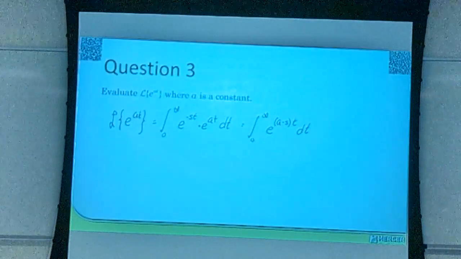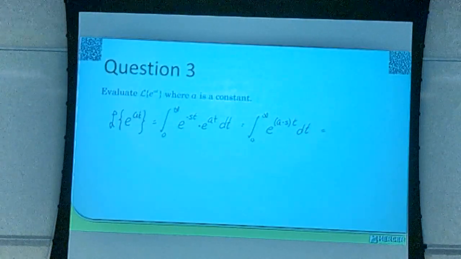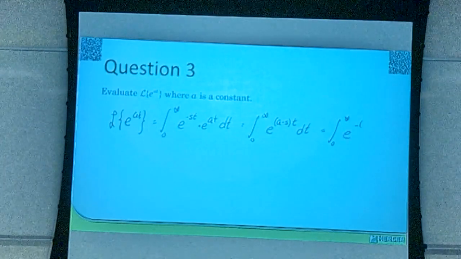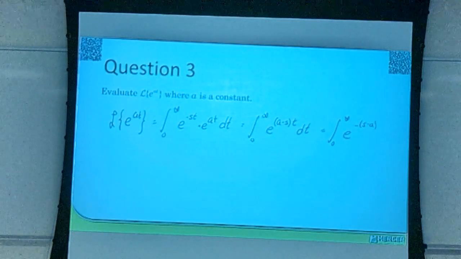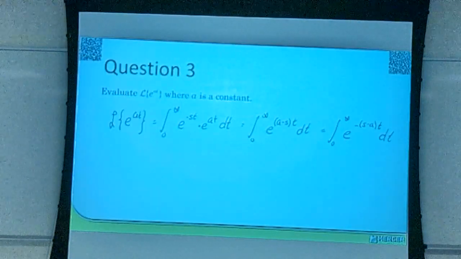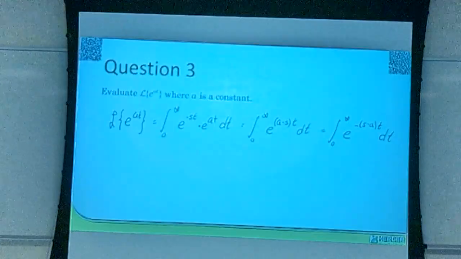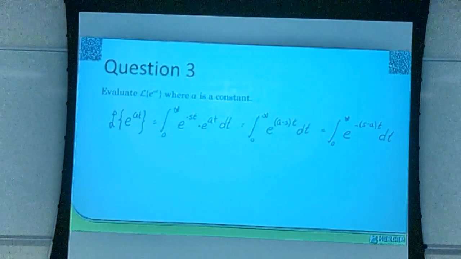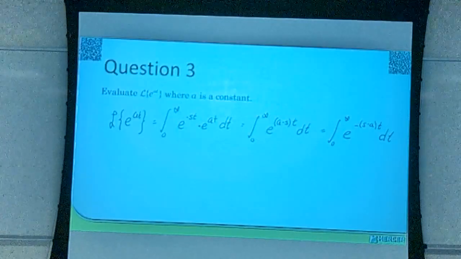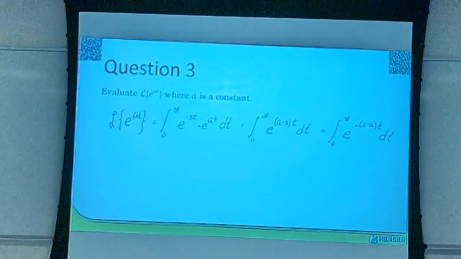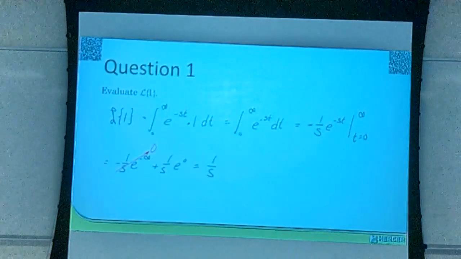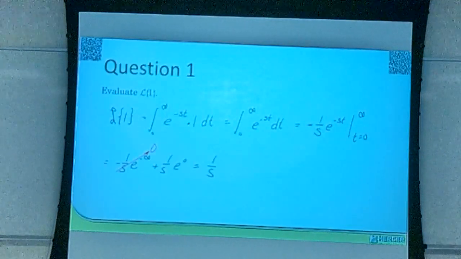Which is the same as this. Don't need to redo any of the work.